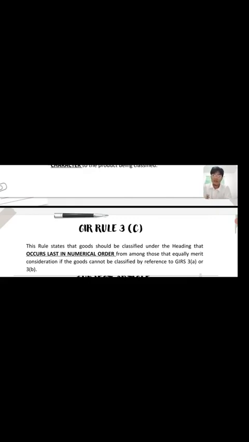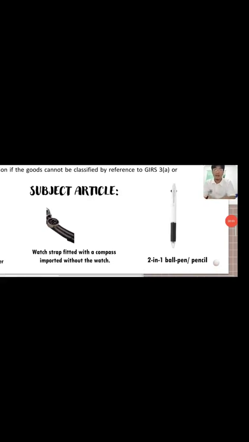And this rule states that goods should be classified under the heading that occurs last in numerical order, from among those that equally merit consideration, if the goods cannot be classified by reference to GIRs 3A or 3B. And now take a look at this subject article, 2-in-1 ball pen and pencil.